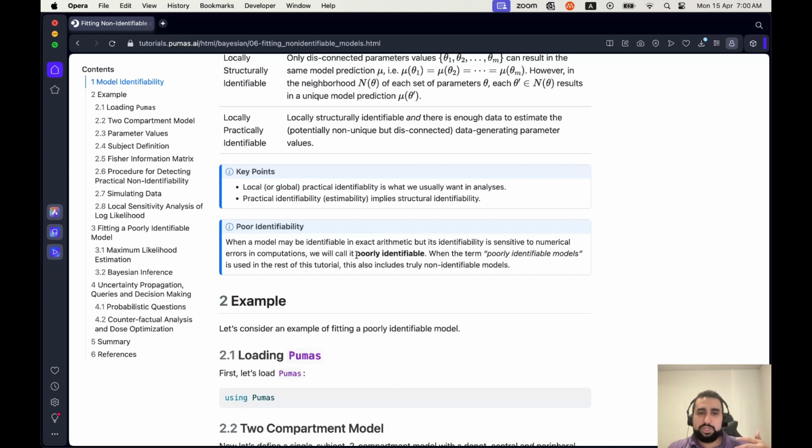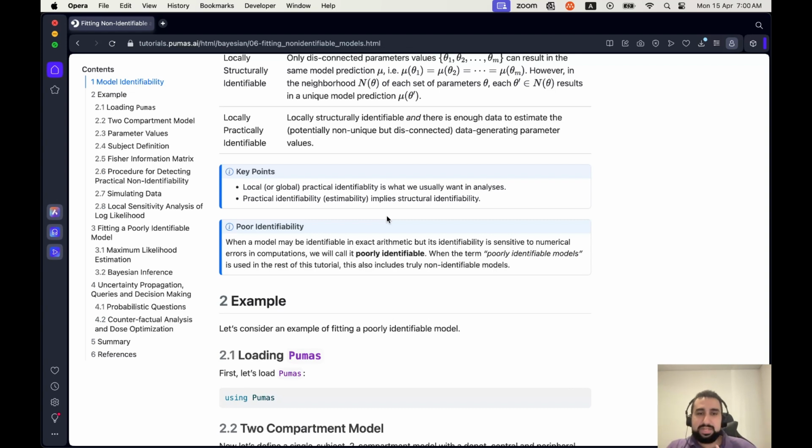To be more general, we're going to use the term poorly identifiable to refer to the case of a model being perhaps not exactly non-identifiable, but given the design that we have, it's hard to tell exactly which parameter values produced the output, or are likely to be the true parameter values that actually generated this data.